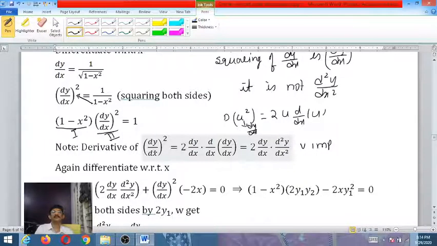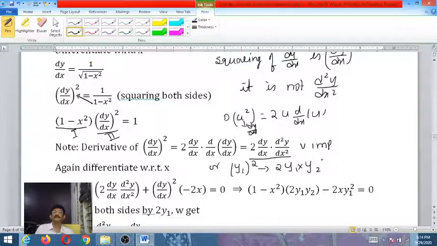So it is important. Now dy by dx whole square derivative is 2 times dy by dx into derivative of dy by dx. That is 2 into dy by dx into d square y by dx square. Or you can also simply write, look at here. If you have y1 whole square, what is the derivative of y1 whole square? It is 2 into y1 into y1 derivative, which is always y2.